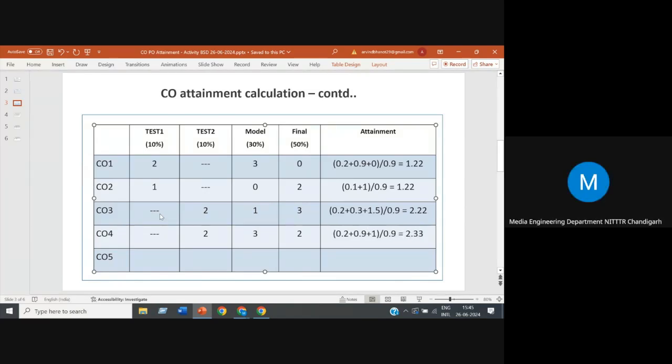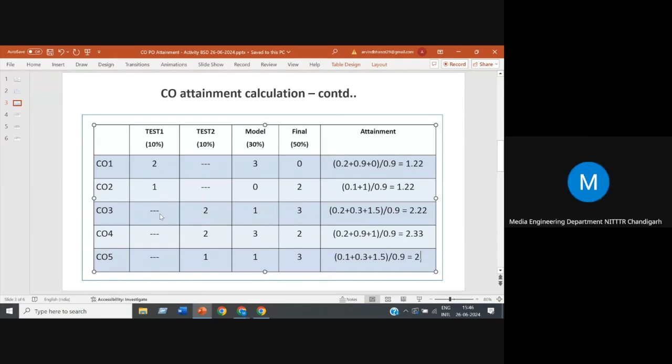Right. CO5: dash, 1, 1, 3. Then 0.1, 0.3, plus 1.5, divided by 0.9, equal to 2.11.